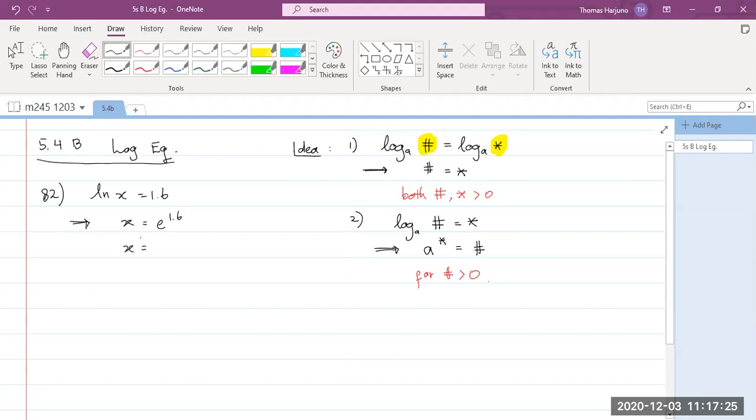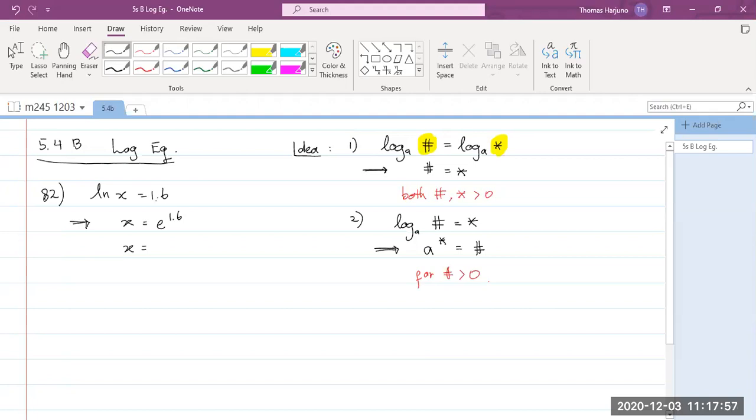Can you help me with your calculator? And tell me what you get in 5 decimal places through the chat. What do you get? 4.95303.